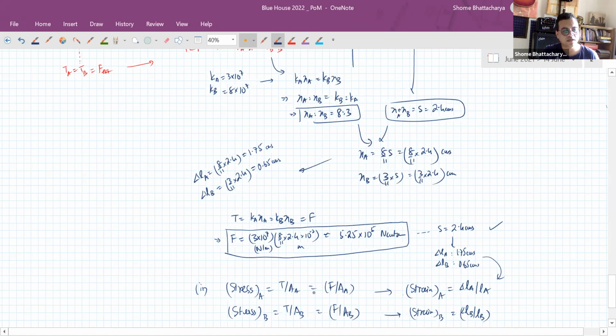And now the last part, the potential energy stored in each one.